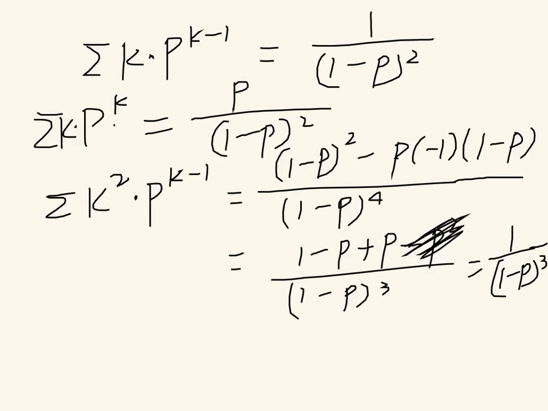Oh no, this is wrong. This should be minus 2, and this is plus 2p, and the denominator is 1 plus p.